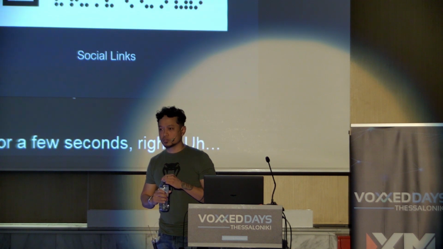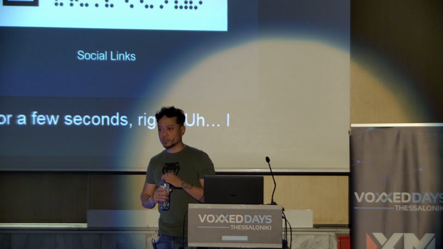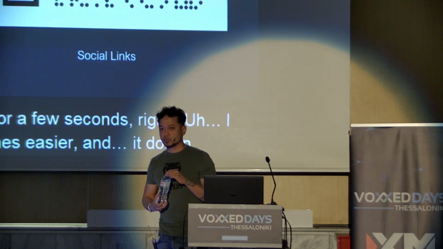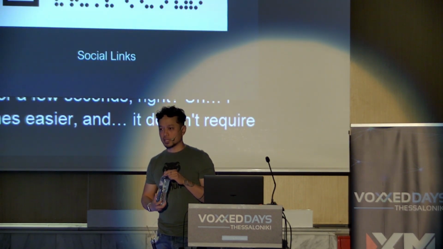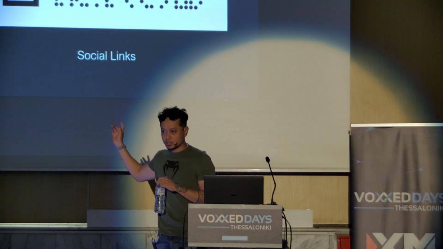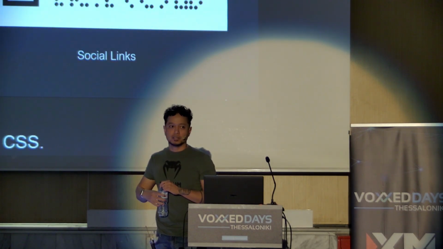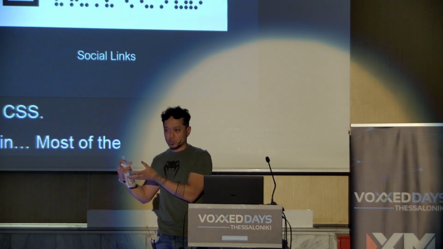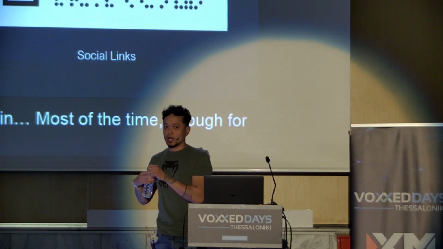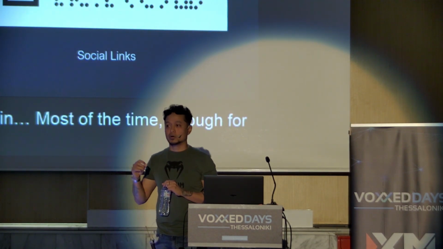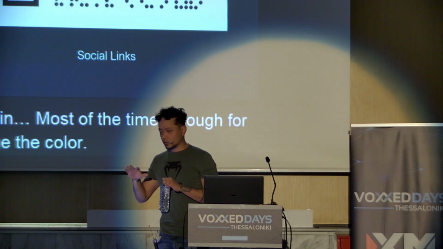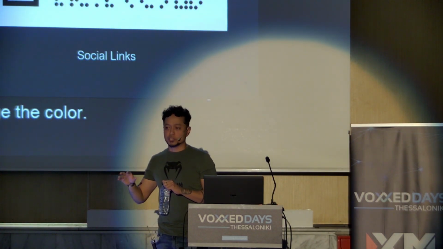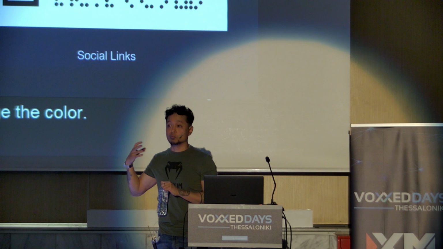I guess when you get used to Tailwind, it comes easier. And it doesn't require you to create several CSS files. You can just run the global CSS and add some, because the CSS utilities are already most of the time enough for you to create your UI. However, if you want to change the color or the palette or some customization, you can just put it in the global CSS file.